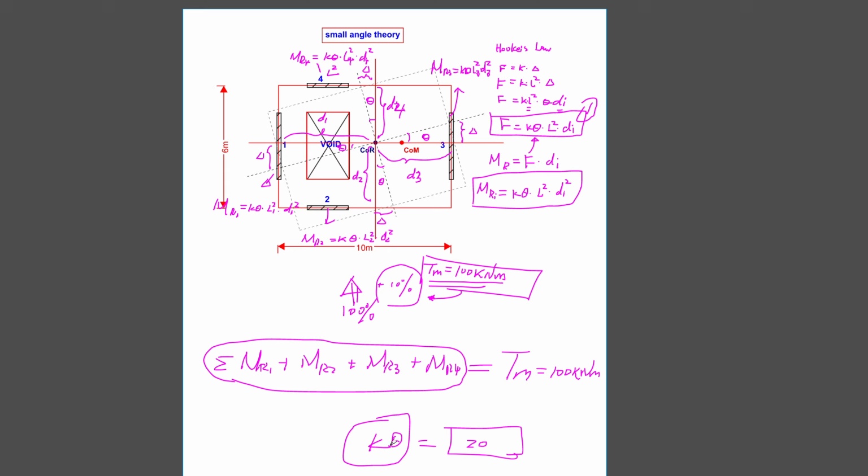Because the theta angle is the same for all the walls. And then we just substitute 20 back into k theta here, and then you will obtain this Fi value for each wall. So this is how we're using small angle theory to calculate each wall's induced shear force.